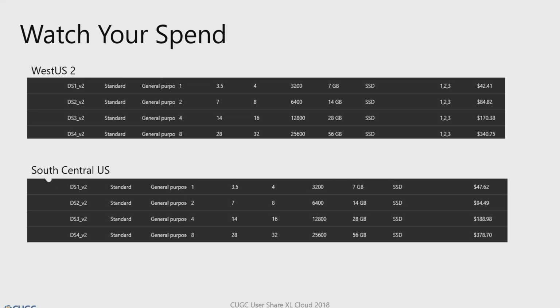It's really easy to put all of your stuff up into one region in Azure, but that may not be the same region that you deploy to next time, or if you acquire a company that is located in another part of the world and you need to provide them services closer to them, you're going to need to deploy Citrix up in Azure closer to them, which means you will be in a different region, which means you will probably pay a different price for all of your resources.